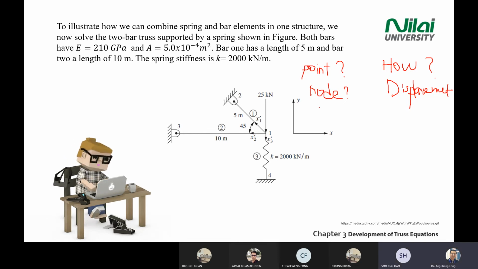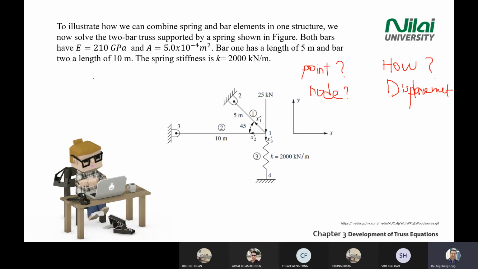You understand what is a point? What is a node? I think it's 4. What are the 4?